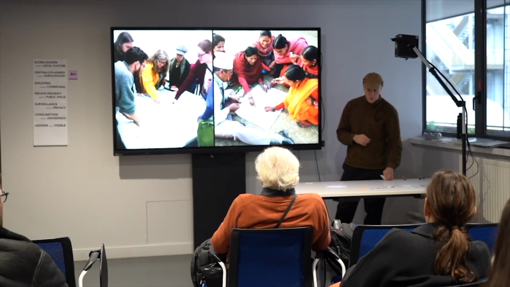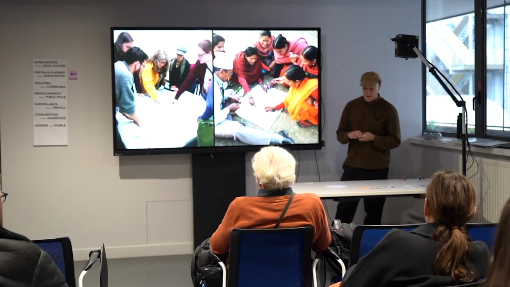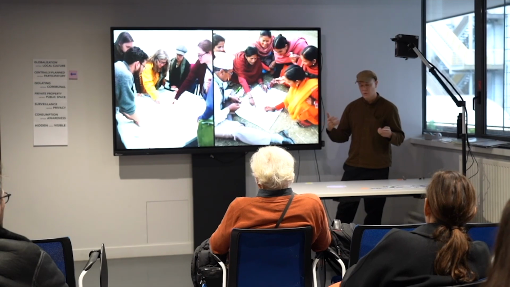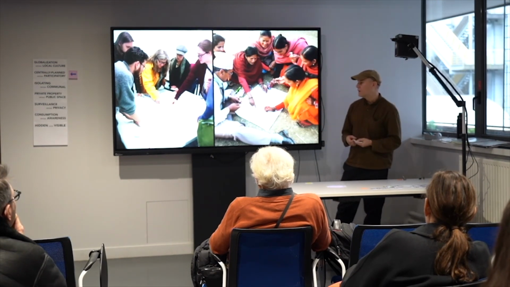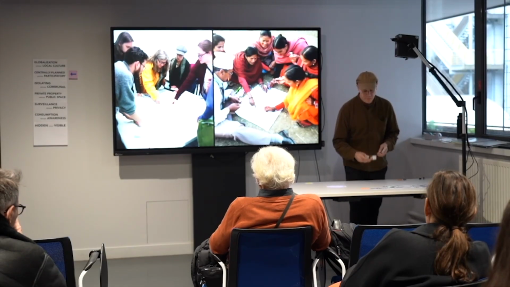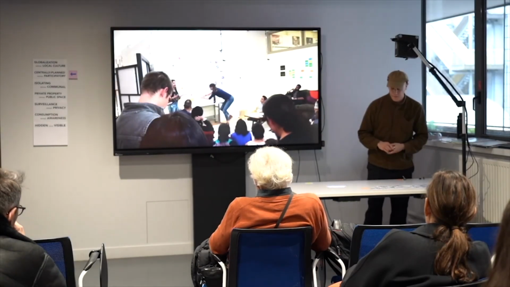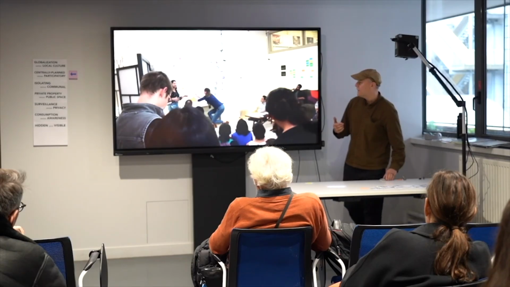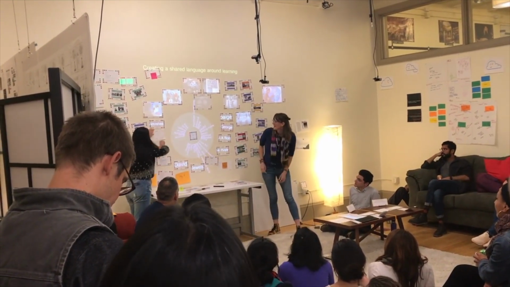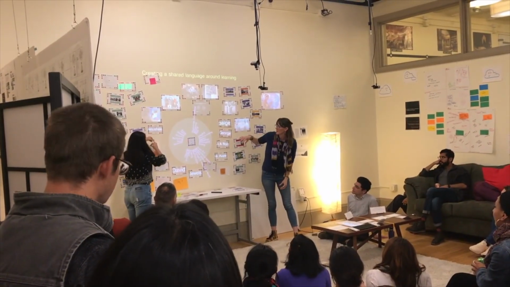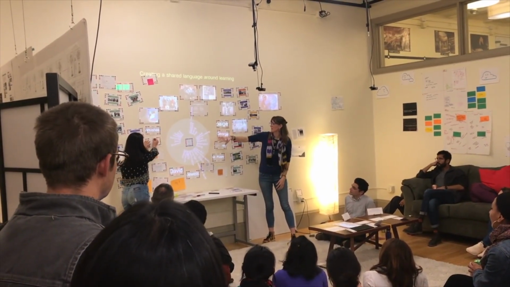And so we're interested in how computing can support bottom-up participatory practices within a city, within the built environment. One way might be by using computation to support communities coming together to discuss and debate issues that are of importance to that community.